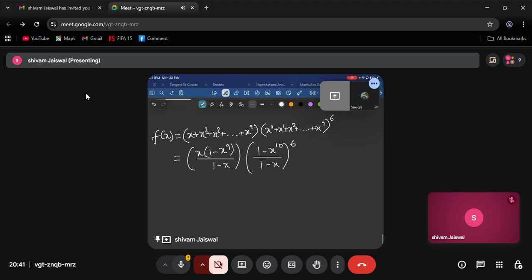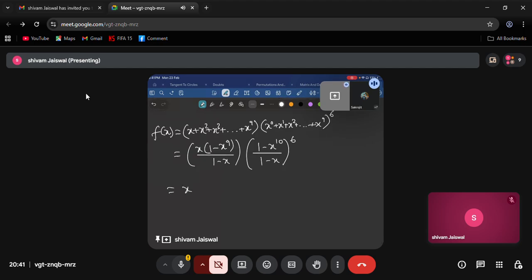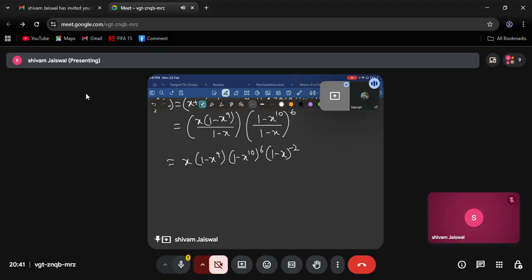So when you simplify, you are going to get x into 1 minus x to the power 9 into 1 minus x to the power 10 whole to the power 6 multiplied by 1 minus x whole to the power minus 2. Let us simplify this a little bit more.